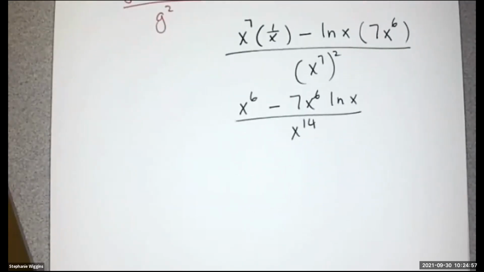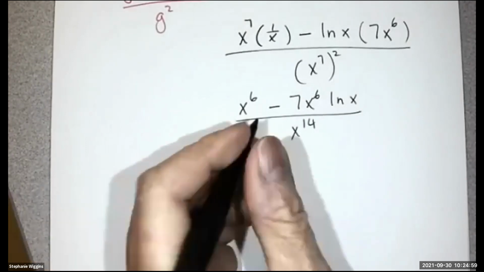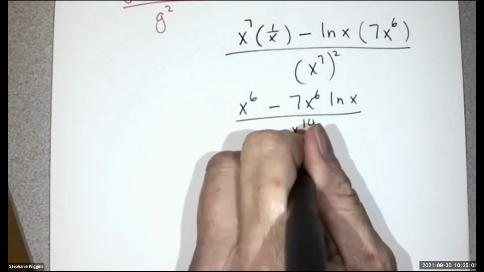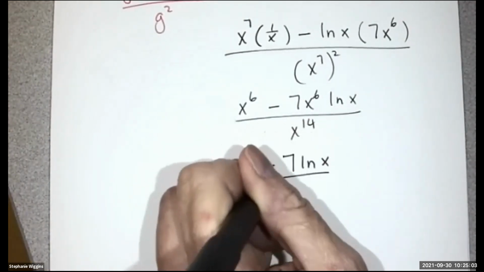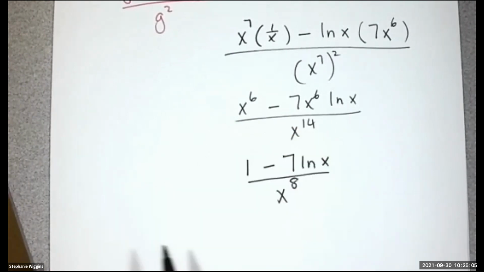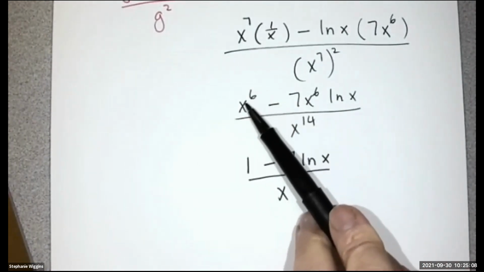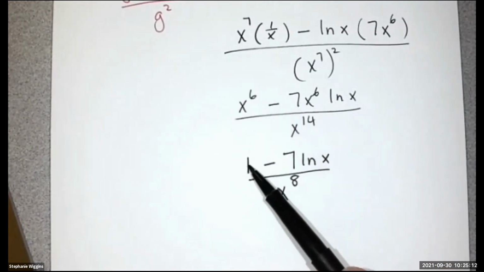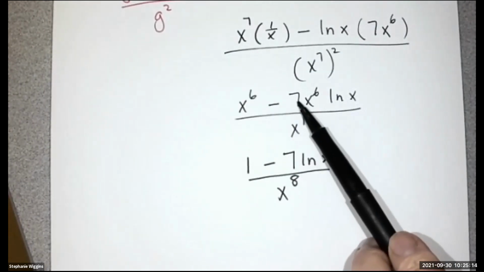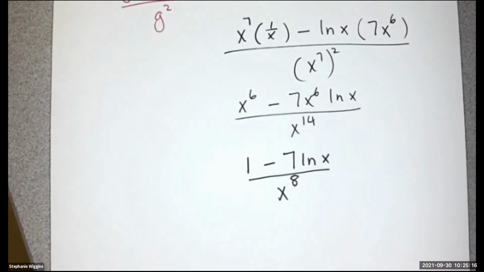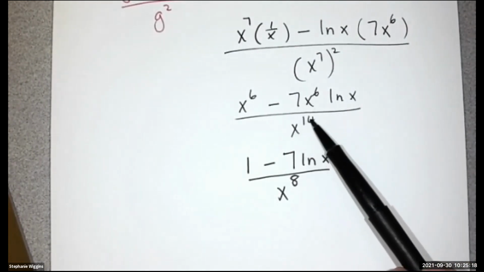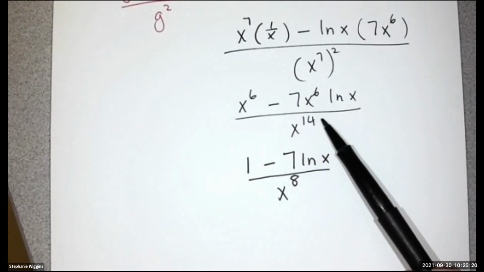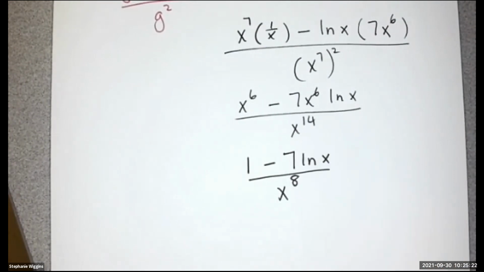So this becomes 1 minus 7 ln x over x to the 8th, because if I divide out by x to the 6th here and here, I'm left with 1. Here I'm just left with 7 ln x, and if I take x to the 14th and divide out by x to the 6th, I'm left with 8 of them. So this is my final answer.